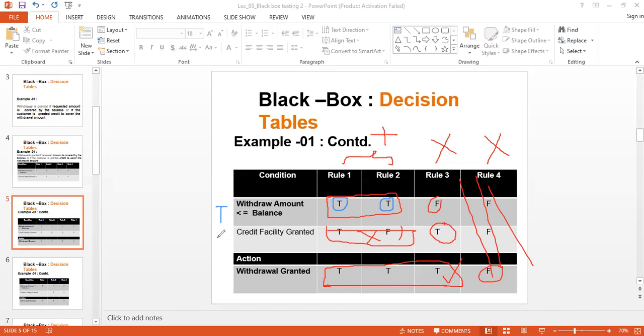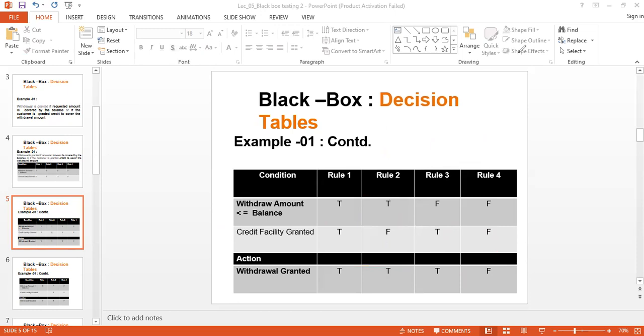So in that case we simply do not consider that value, and we put a small dash, leaving a blank space. So that's how we create the collapsed decision table, right?